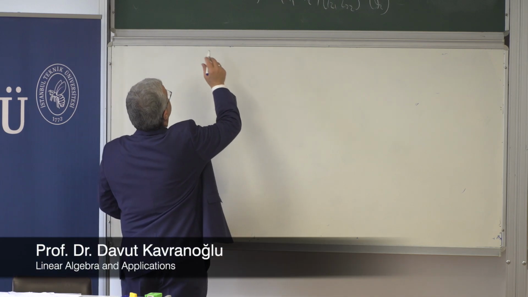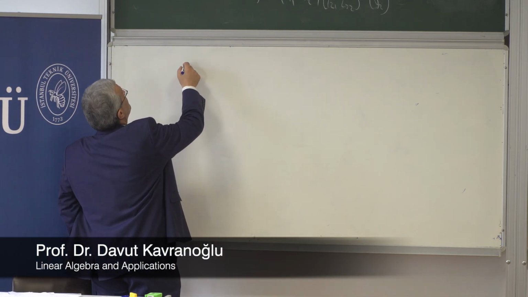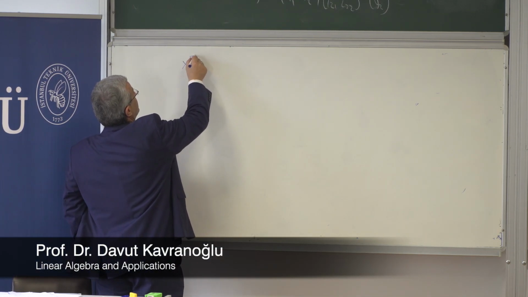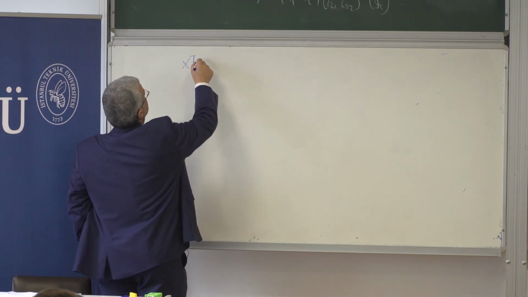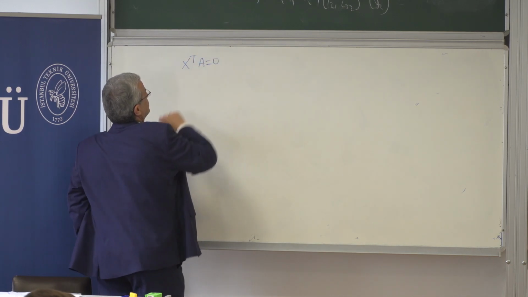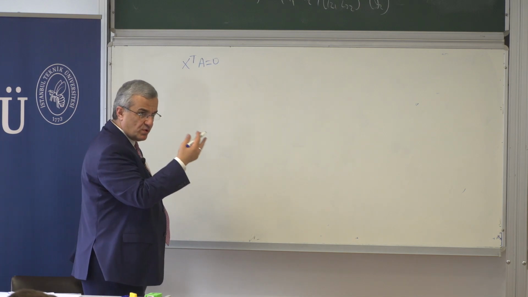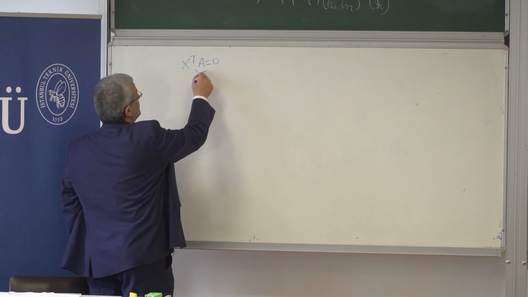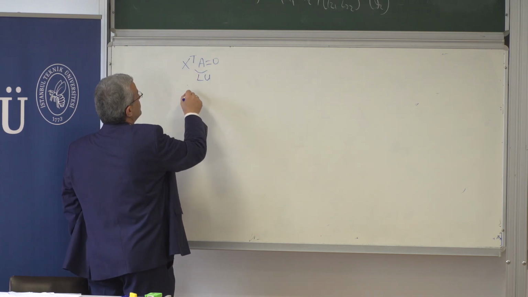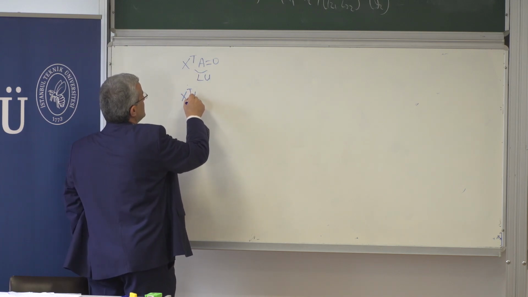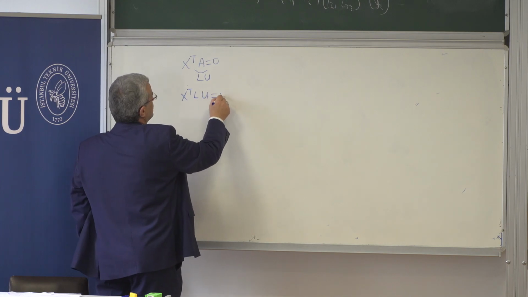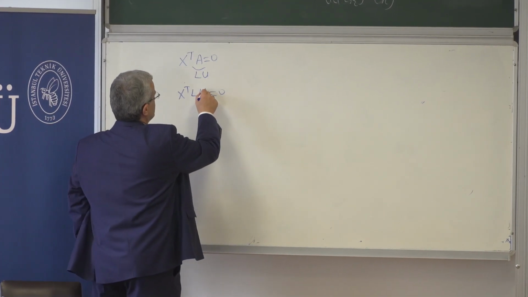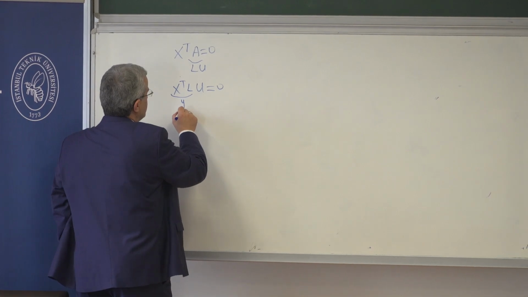So we said that, let me recap. We want to find the left null space of A, right? We said that we will work with LU decomposition. So we can just replace it with LU. Therefore, X transpose LU is equal to 0. So we call this Y transpose.